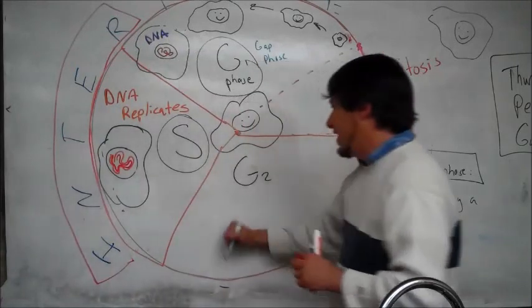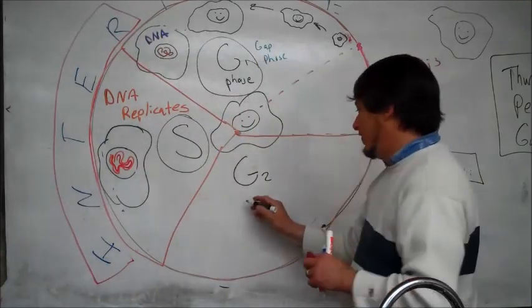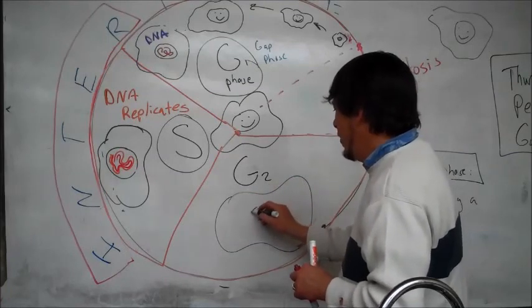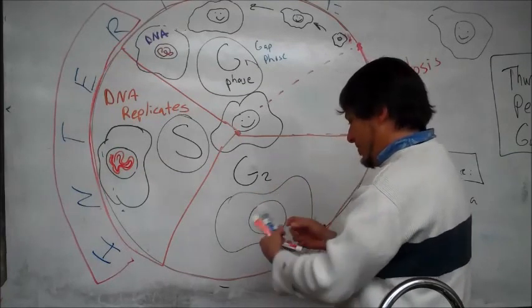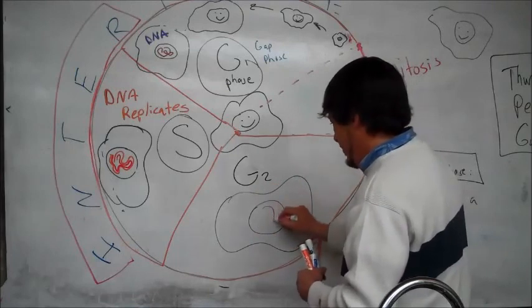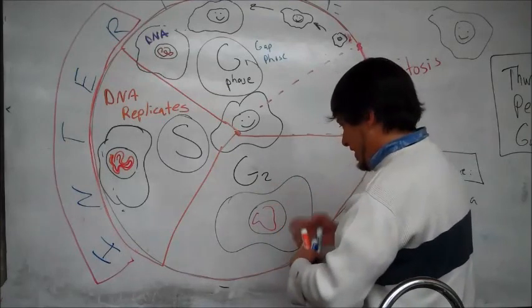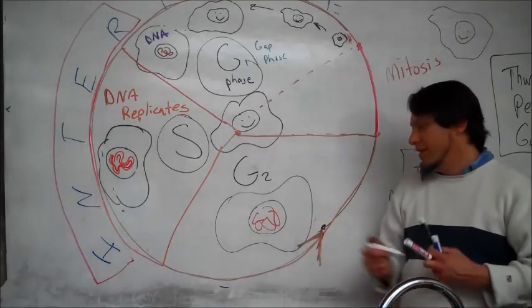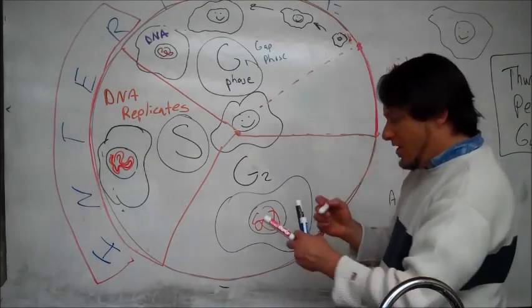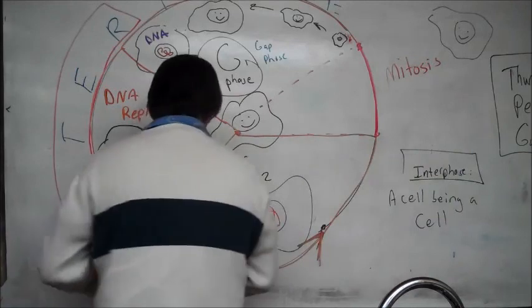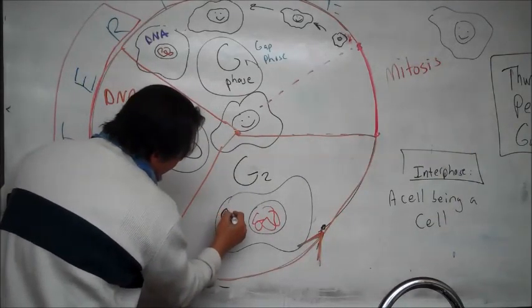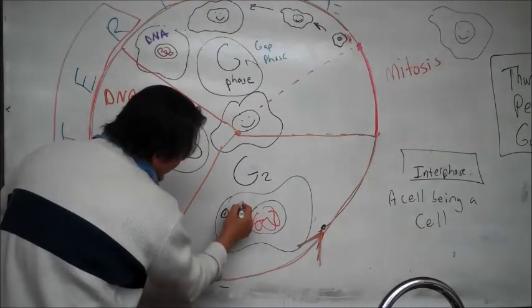And what happens in the second gap is all the other stuff inside of Jimmy copies itself. So the DNA is already copied. Here's our two copies of the DNA, right? The red and the orange. But now all the other organelles, like the mitochondria, all those little mitochondria make copies of themselves.